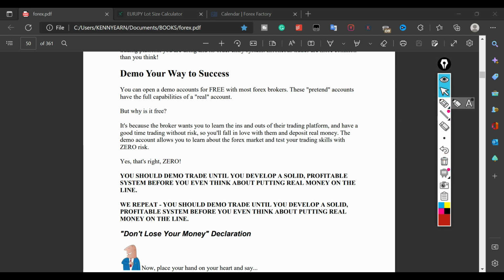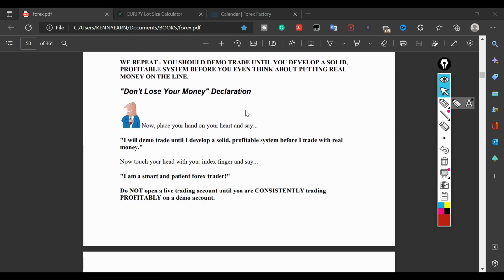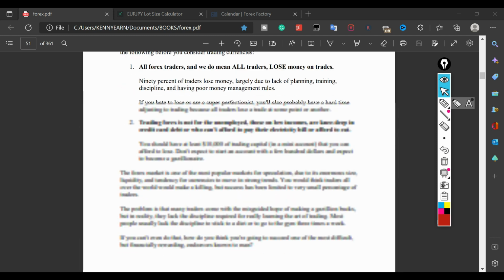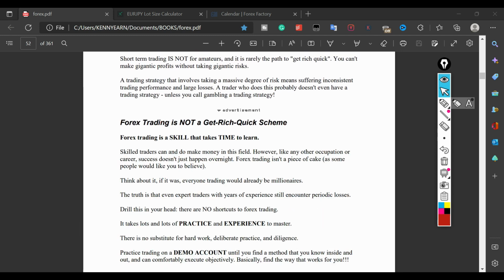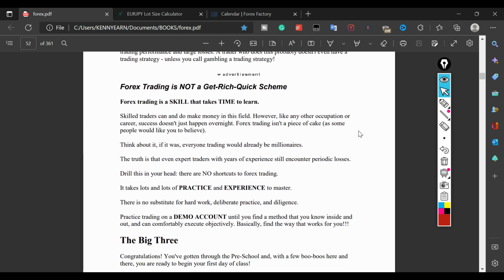Forex is not a get rich quick scheme. Please just be aware. It's a get rich slow business. Forex is a skill that takes time to master. You don't just come today and start making money. Your learning stage could be a minimum of 3 to 6 months.